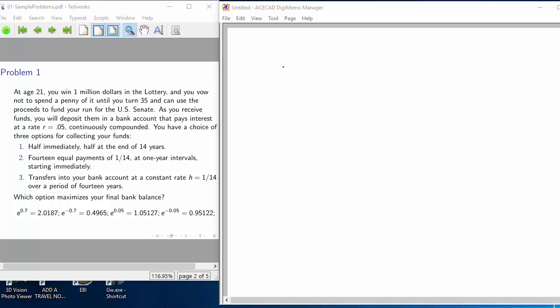So let's try the first one. This is the easiest. I'm going to assume an old-fashioned and currently rather unrealistic interest rate of 5%, and this is going to accumulate over 14 years.